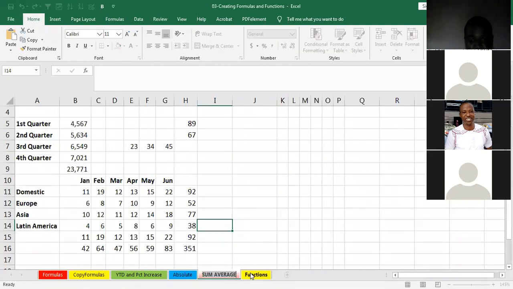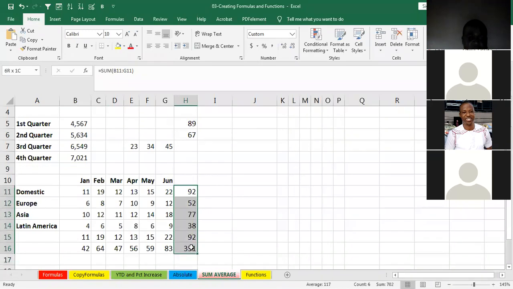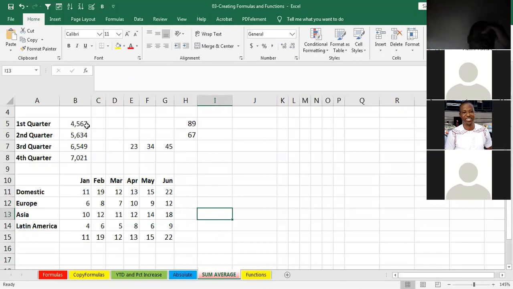Yes, the sum of data. Okay. Let me just go back for your sake. If you want to sum up data, like we have these figures that were for various quarters, you don't need to do it manually. There is a function that we can use for that purpose. That function is called AutoSum. You can look at it on my keyboard.